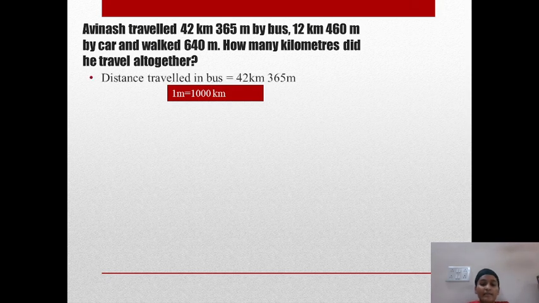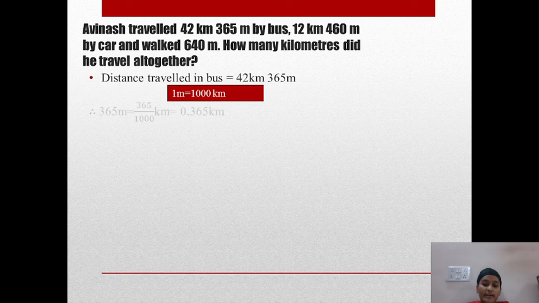Now distance travelled in bus was how much? 42 kilometers, 365 meters. Now 365 meters will be converted into kilometers, right? How will you convert 365 meters into kilometers, students? Yes, very good. 1 meter is equal to 1000 kilometers.